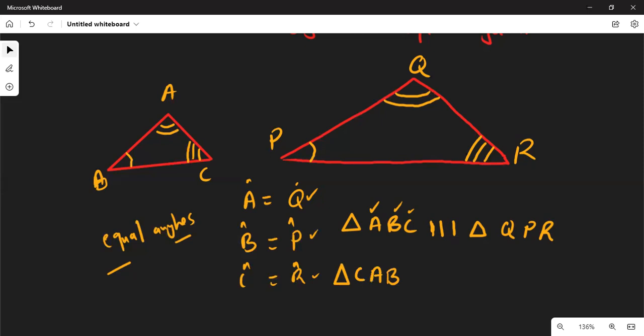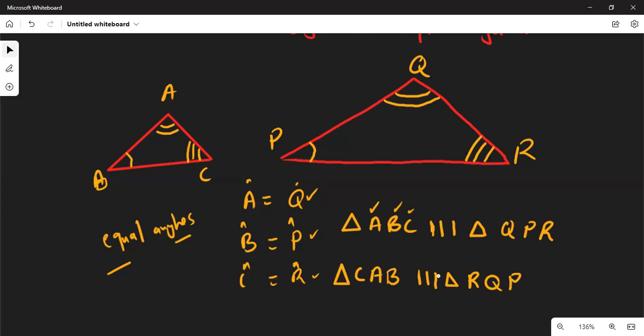If I start with C, the similar triangle is going to be, C is the same as R, to end up on A, which is Q, then P. So that is the way with similar figures.